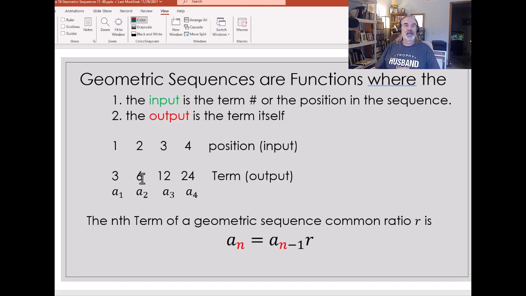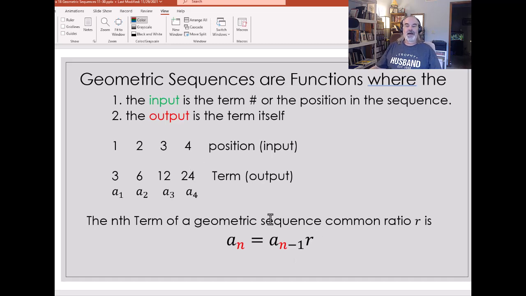You multiply by 2. Let's see how that works from there on. If we take 6 and multiply it by 2, we get 12. Aha, that's the next number in the list. And we take 12 and multiply it by 2, and we get 24. Aha, that's the next number in the list. This is a geometric sequence. It's a list of numbers with a very distinct pattern to it, and that pattern is the number that you're multiplying by each term to get to the next number in line.